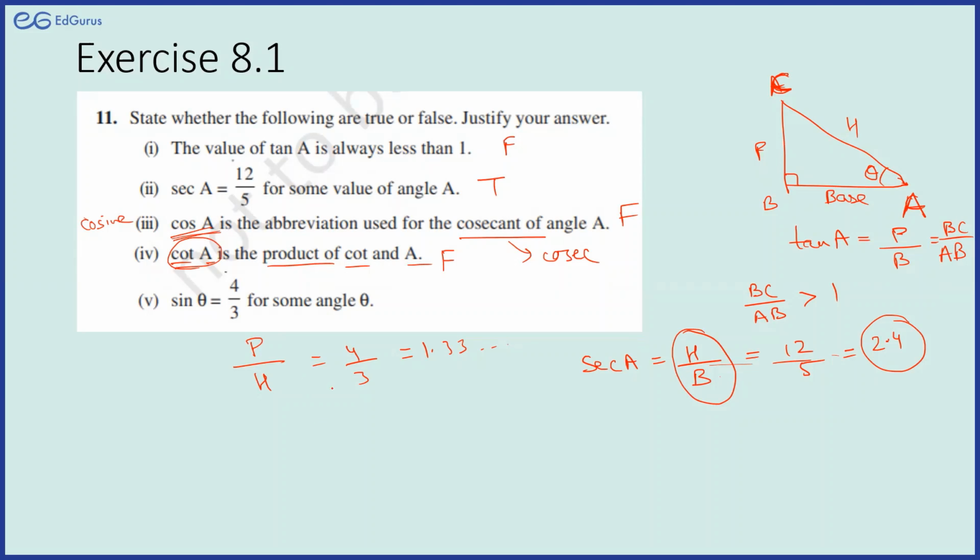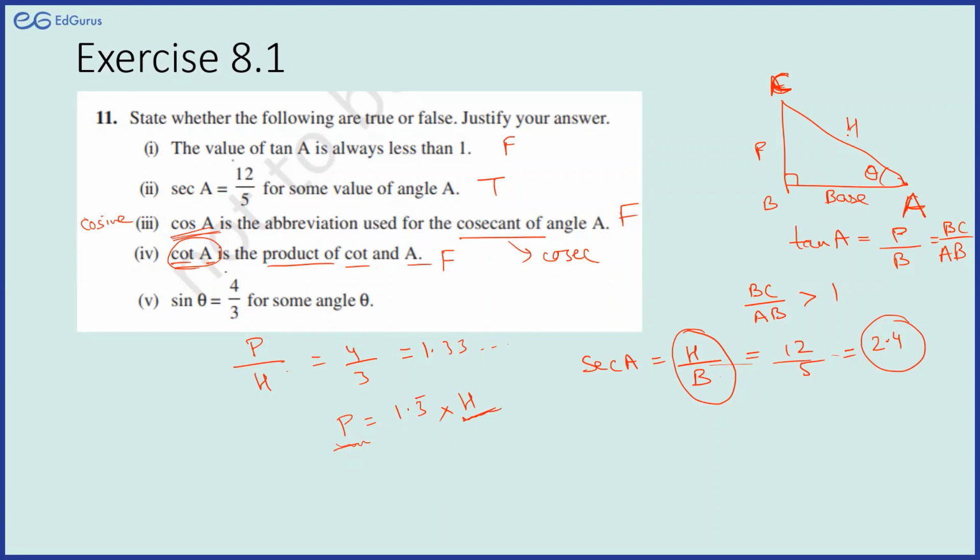Sin theta will not be greater than 1. Why? Because we are saying perpendicular upon hypotenuse equals 1.33. This will mean perpendicular is equal to 1.3 times hypotenuse. Can perpendicular be greater than hypotenuse? The length of perpendicular can never be greater than the length of hypotenuse.